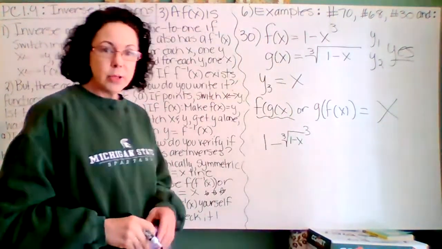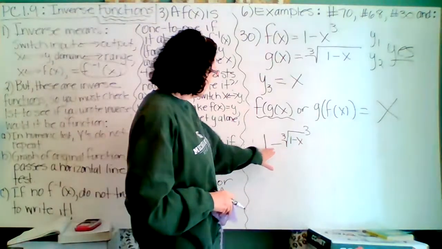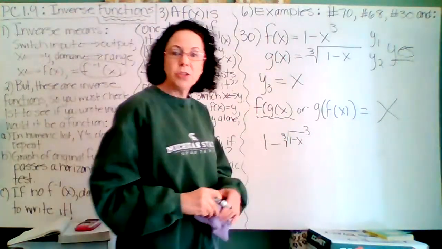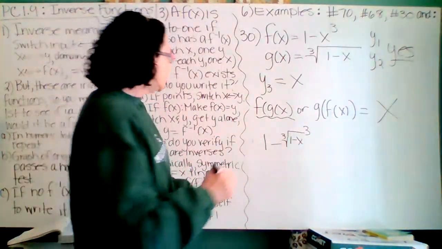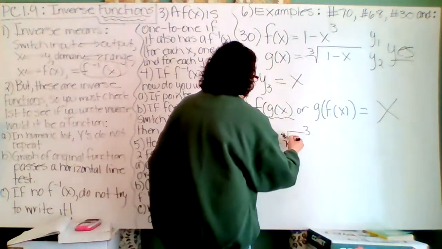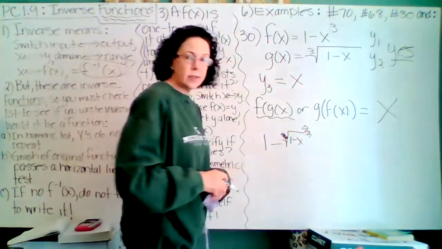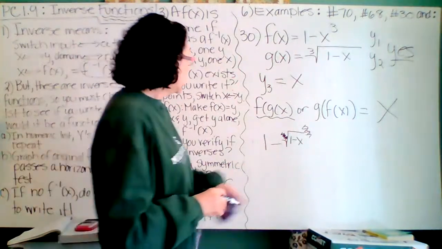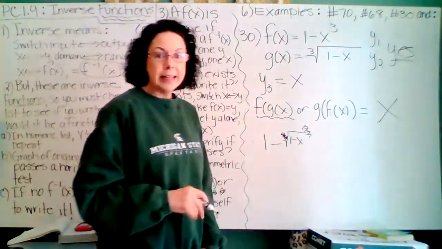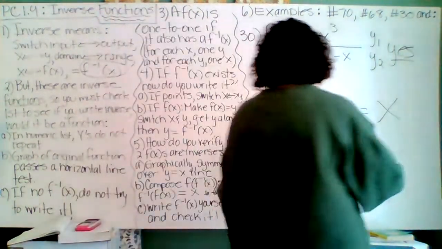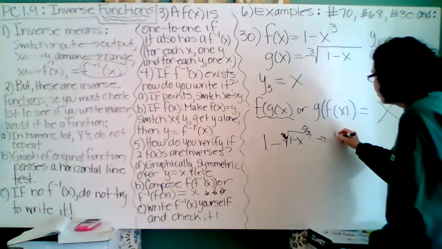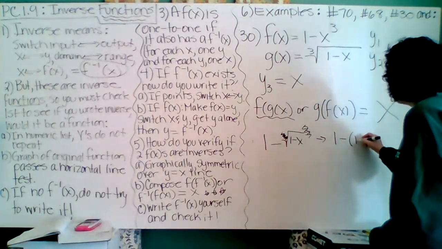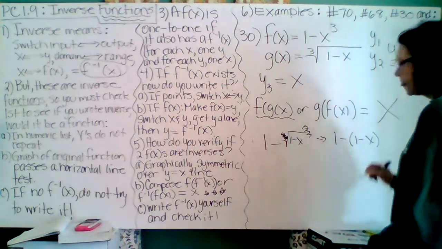There we go. Notice it is f. It's 1 minus something cubed. I just put g into it. Notice that the cube root and the cube cancel. Now be careful here. This radical sign is in parentheses. So I really have 1 minus x.